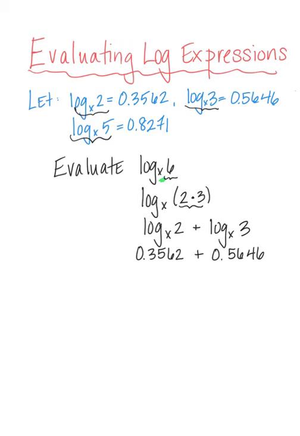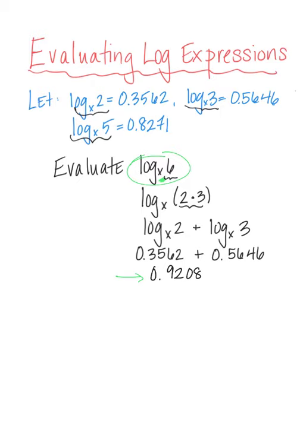So if we use our calculators and add those together, 0.3562 and 0.5646, that sum is 0.9208. So this expression, log base x of 6, is equivalent to 0.9208.